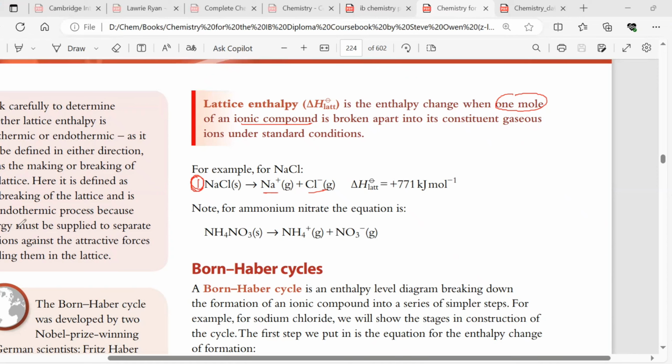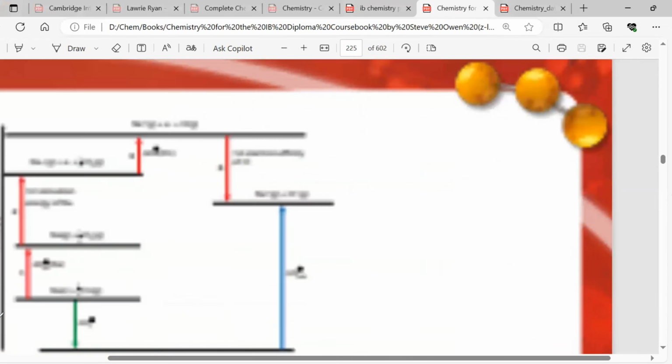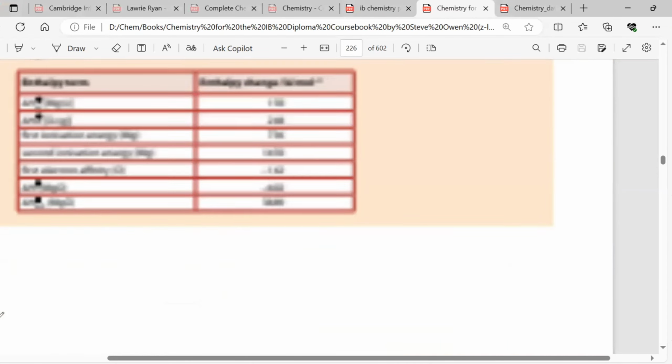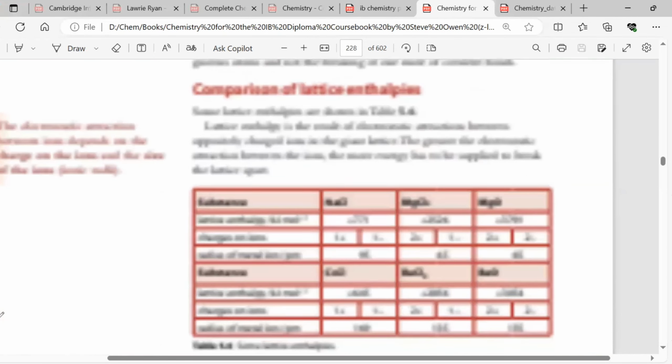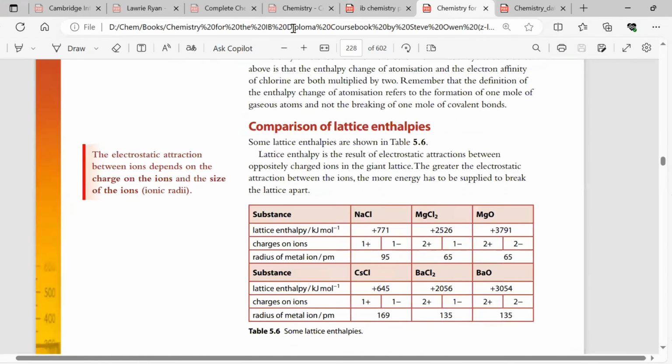Now, on what factors does the lattice enthalpy depend? We have to know that lattice enthalpy depends upon 2 factors. K, can you tell me one factor? Charge of the ion.